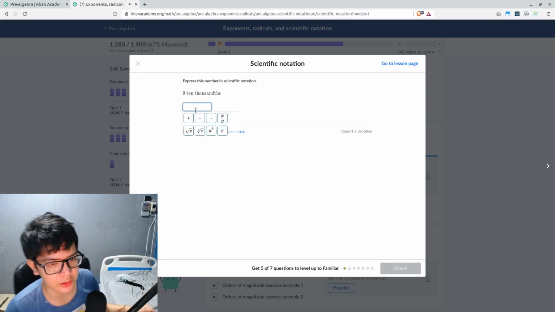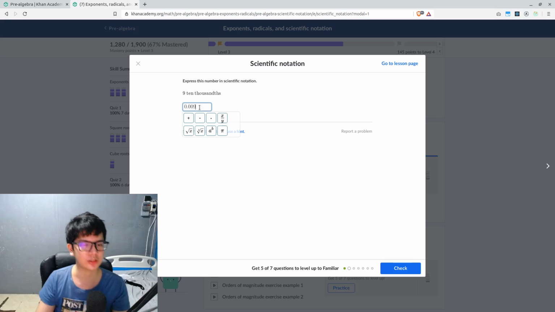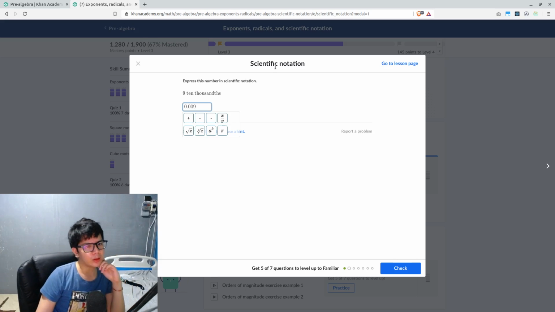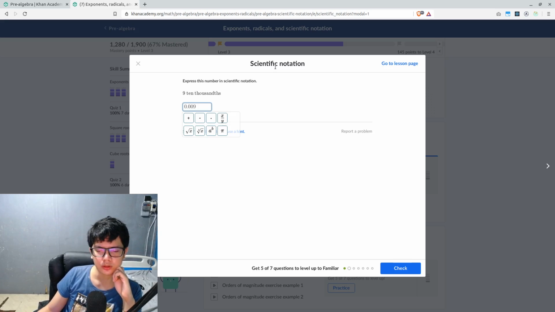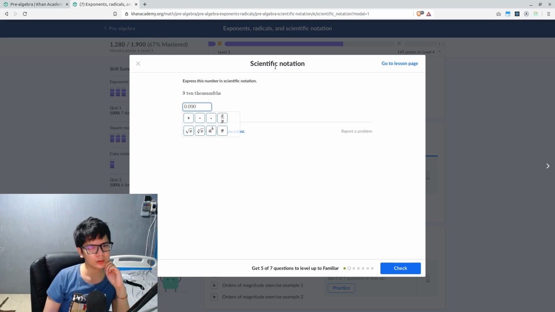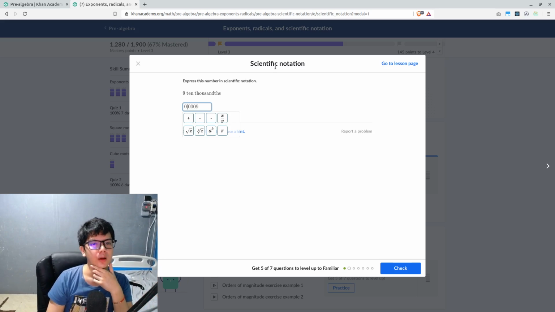9, 10 thousandths. Tens, hundreds, thousands, 10 thousandths, 9, 10 thousandths.